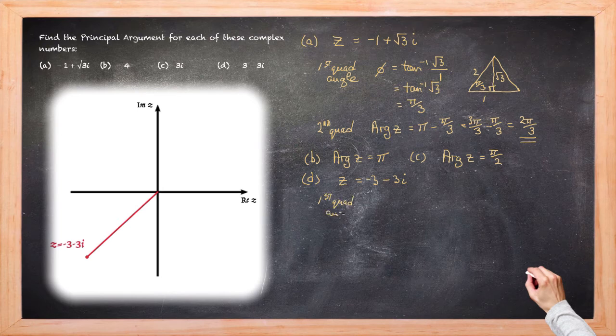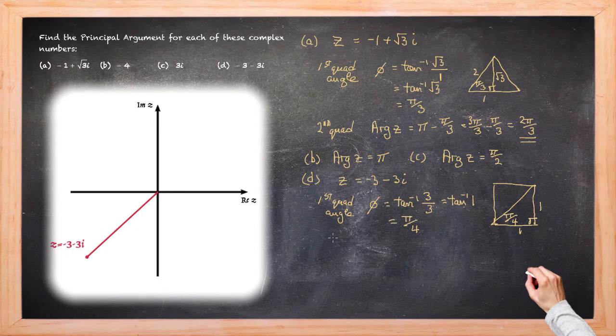And remember, we get that as tan to the -1 of the imaginary part made positive if needs be. That's -3 changes to 3, divided by the real part made positive. That'll be +3. So we get tan to the -1 of 1. So what angle has a tangent of 1? Well, let's take a square of side 1 and chop it in half. Pi upon 4 is the required angle.